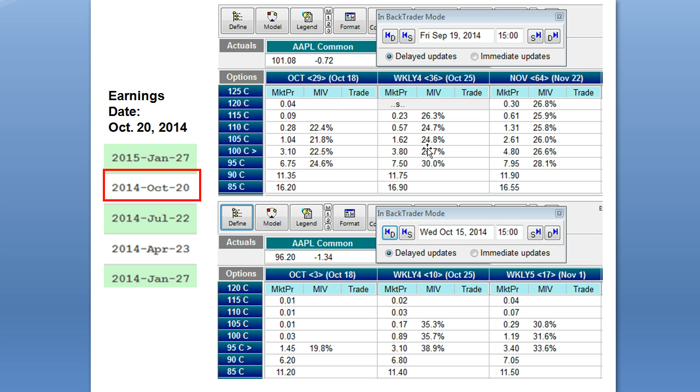Let's look at 3 weeks later. The implied volatility of the October 18th dropped to 19.8. The October 25th expiration went up to the high 30s, more than 10 points. So do you see how there's a widening of that difference?